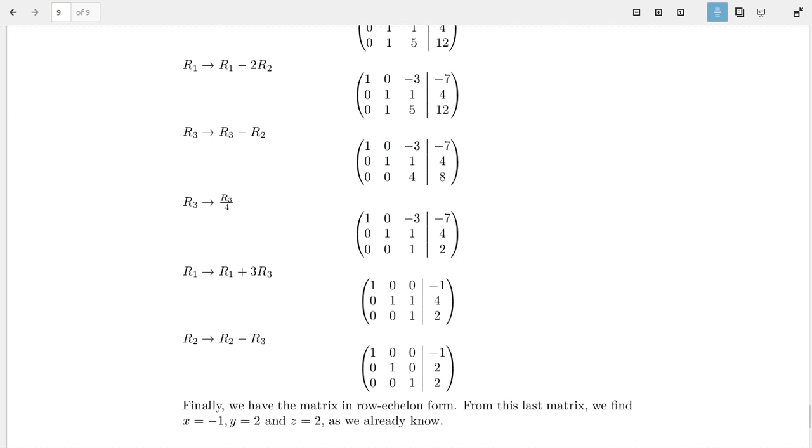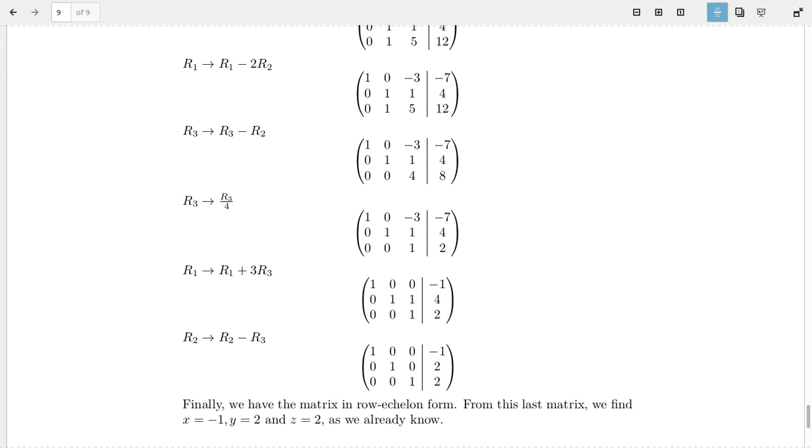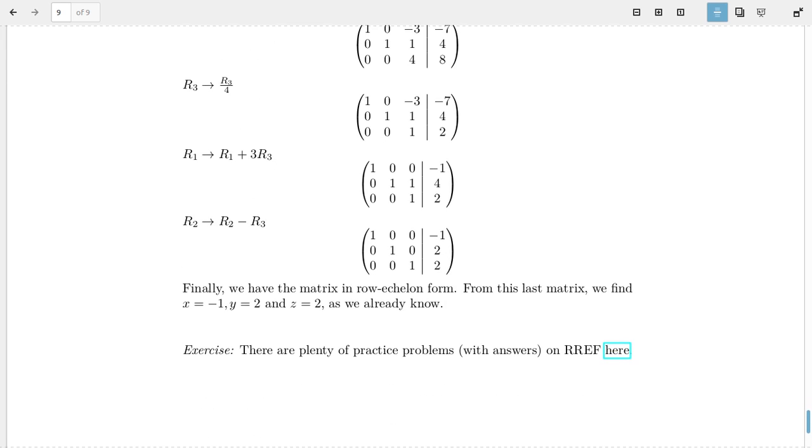Now, in columns that contain pivot points, all the other entries are 0. Okay, so from this, of course, we can read off the solutions of the equation in the equation picture, right?